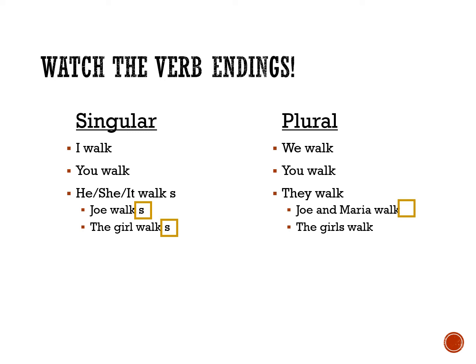Joy walks. The girl walks. For a singular subject, Joy, the girl, he, she, it, you need to put s. While in plural, don't.